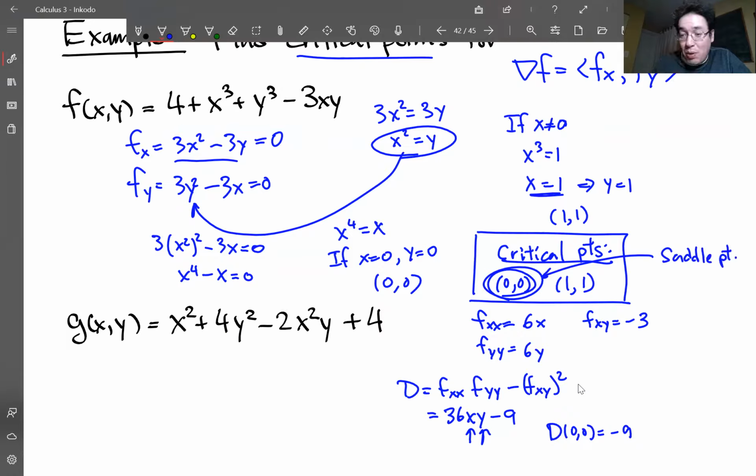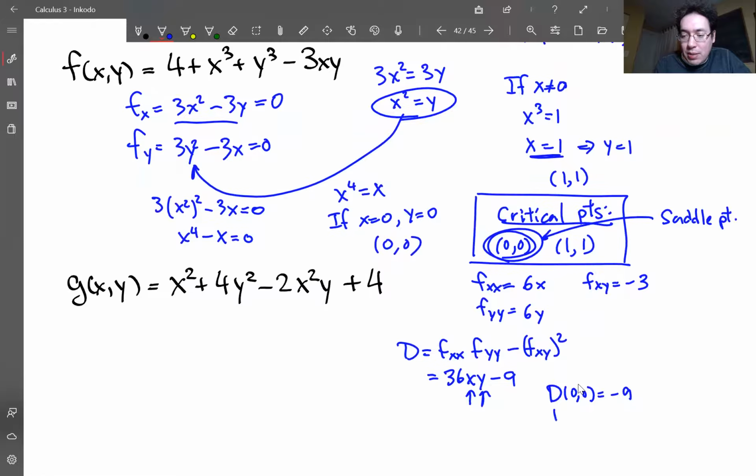Okay, let's see what we would get if we plug in 1, 1. We will get 36 times 1 times 1 minus 9. So 36 minus 9 is 27, which is positive. And fxx is 6, which is positive.